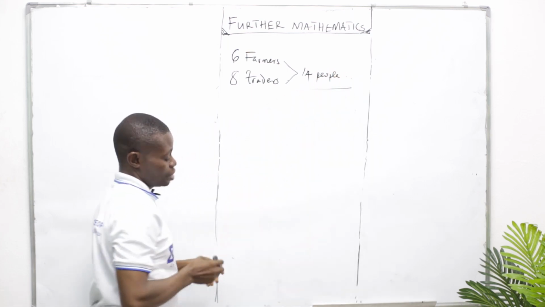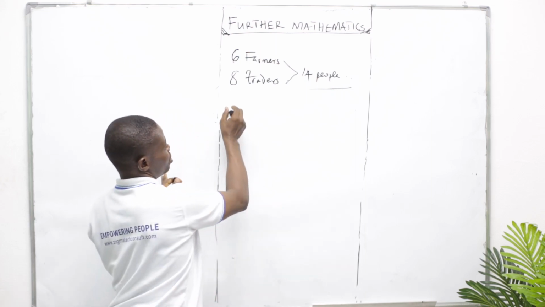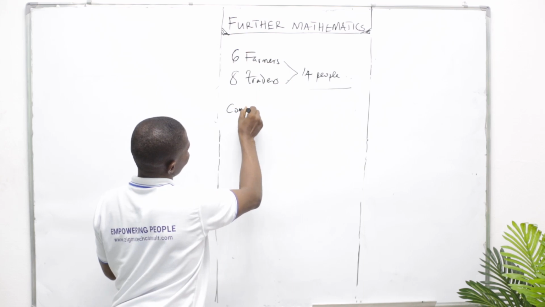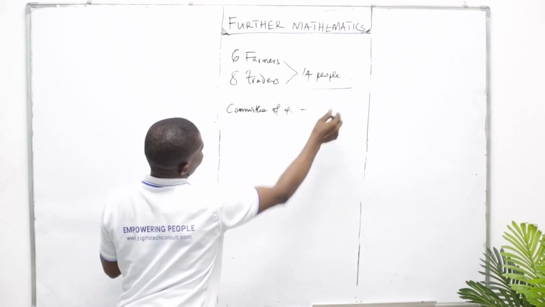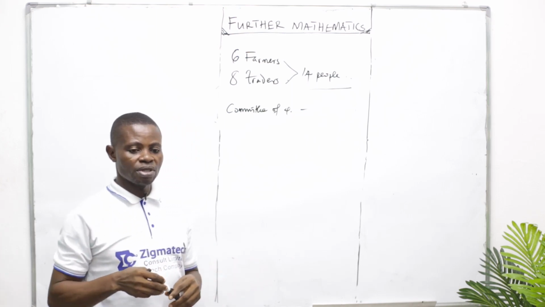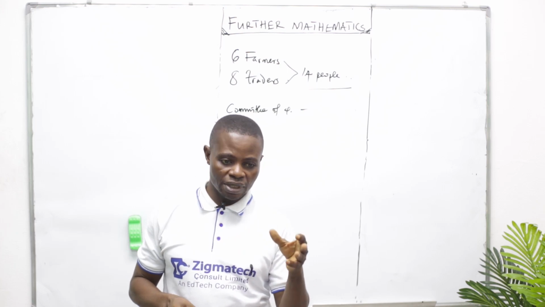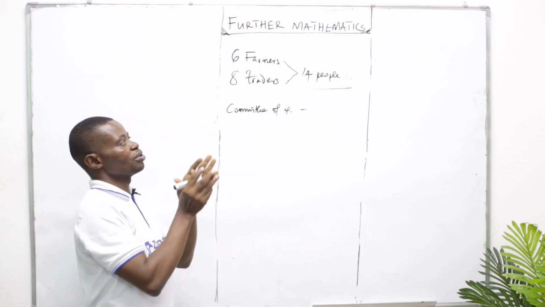Now a committee of 4, that is, you are considering your n. Just a committee of 4. But the question is, find the probability that it will consist of at least 2 farmers. So the concentration is on 2 farmers.